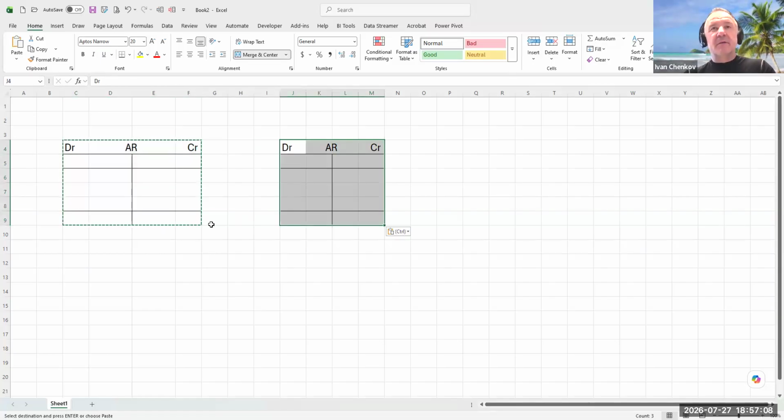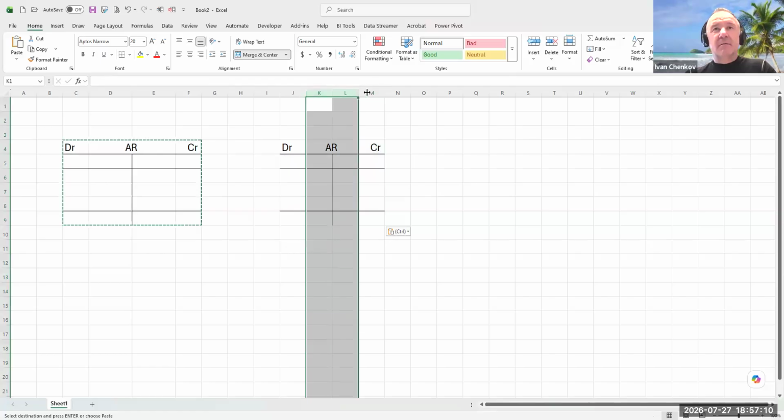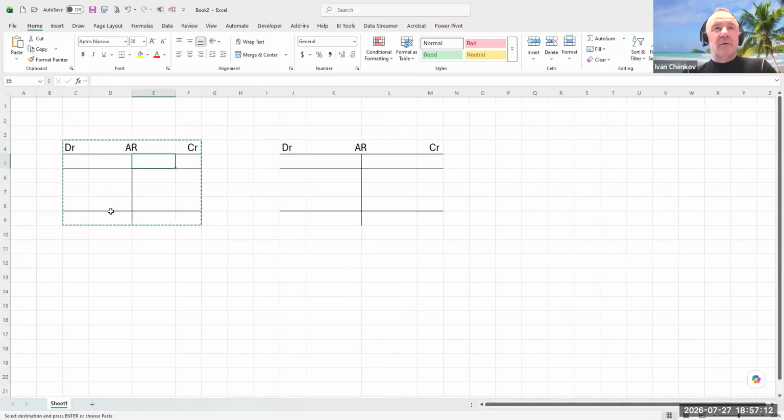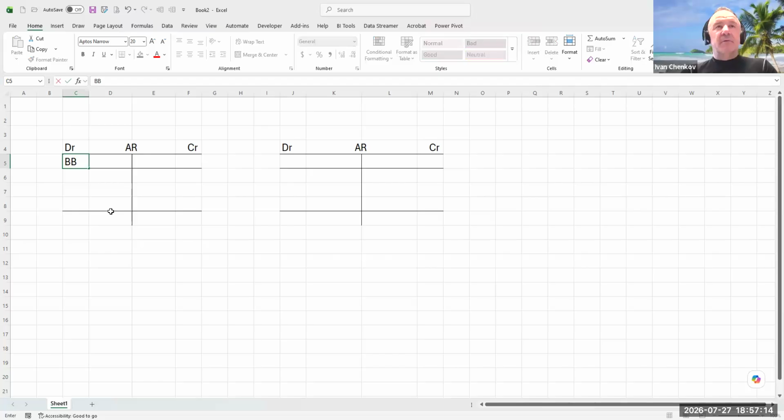So again, click here. Beginning balance is going to be on debit side and ending balance going to be on debit side as well. Every time when we sell on credit, that's going to increase the account. And every time when we collect the cash, that's going to decrease the account.